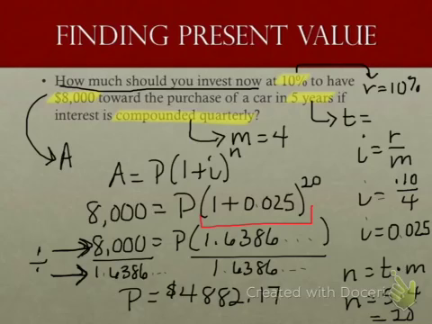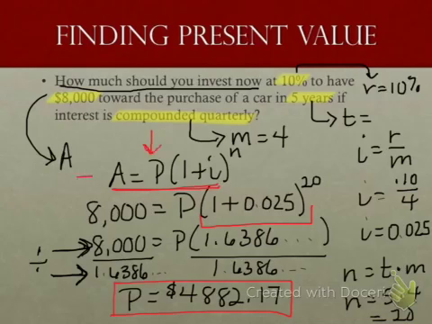And that is the amount you would have to deposit now in order to end up with the $8,000 you want in 5 years to help you purchase a car. So this is just one example of using our compound interest formula, but for finding one of the other variables.